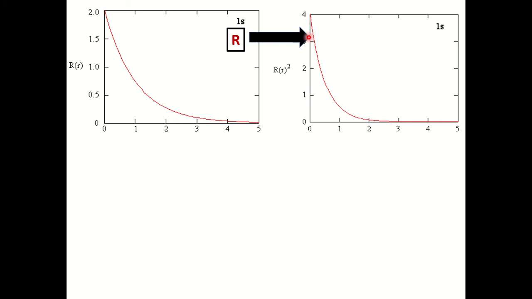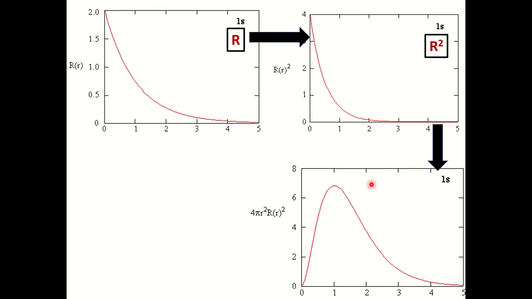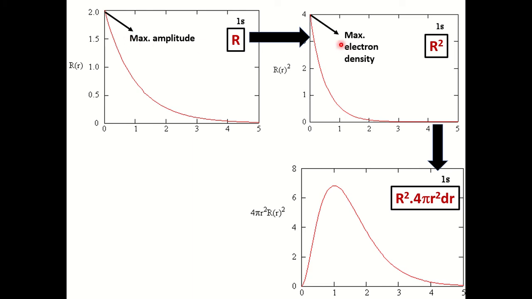This is the amplitude being plotted here, and then we multiply by the 4 pi r square term, which gives us the probability. So we have maximum amplitude here, and when you square it, you get the maximum electron density at the nucleus. So the 1s electron has maximum electron density at the nucleus.